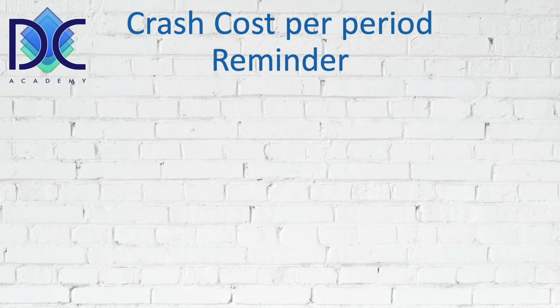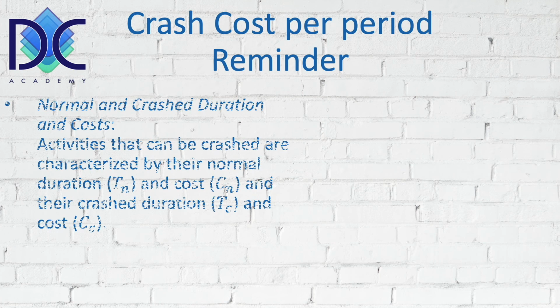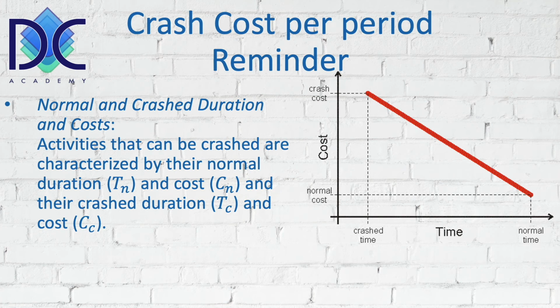Let's have a quick reminder about the crash cost. When we look at the normal and crash duration of an activity, we have the normal duration, the normal cost, the crashed duration and the crashed cost. And we said that the relationship is in fact linear.